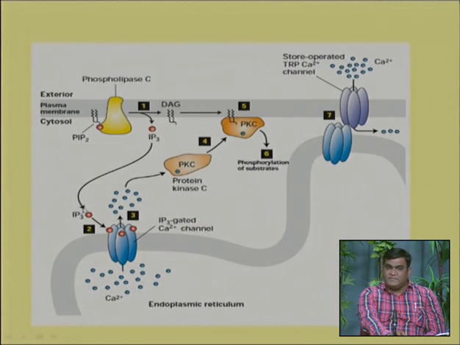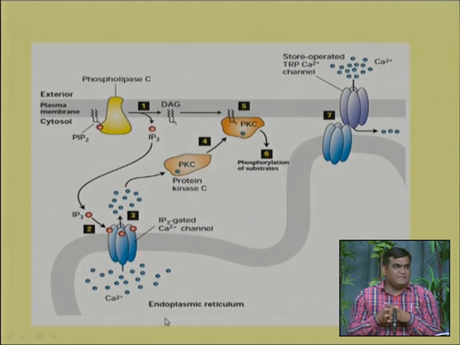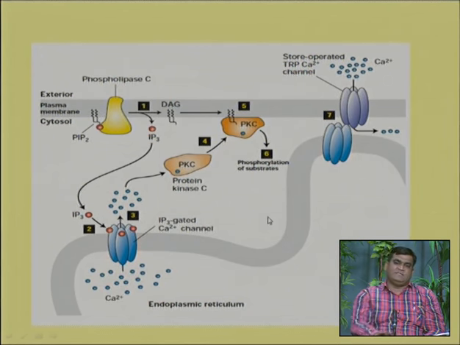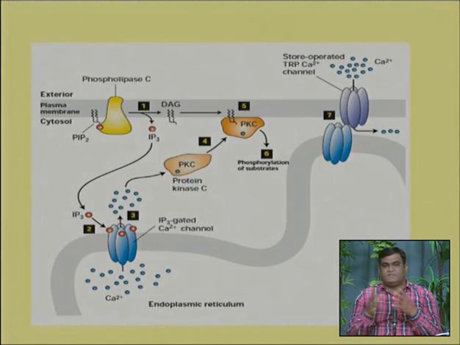When IP3 binds to these receptors, it results in the release of calcium ions by IP3 gated ion channels. These calcium ions now come into the cytosol. Now they will activate protein kinase C by binding to calmodulin. Obviously we know that whenever calcium ions are there, they work via calmodulin, resulting in the activation of protein kinase C, and this protein kinase C will activate certain enzymes or proteins.